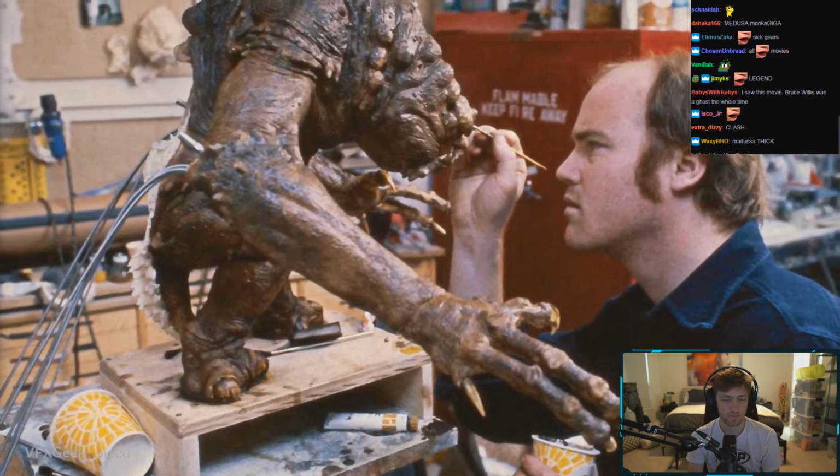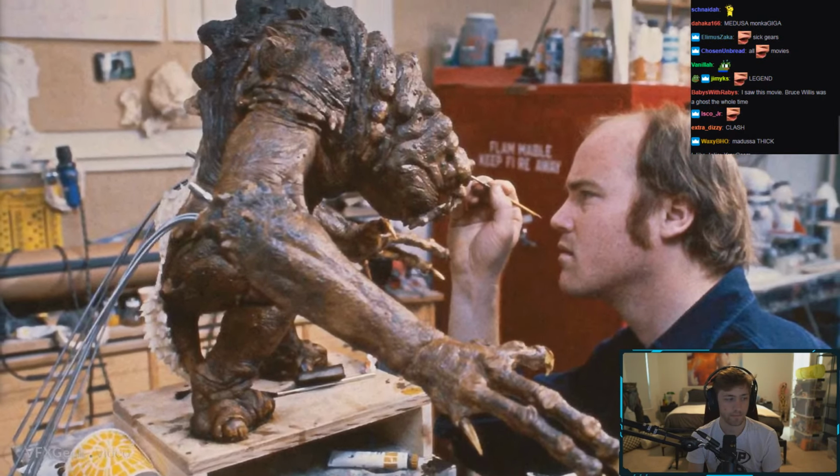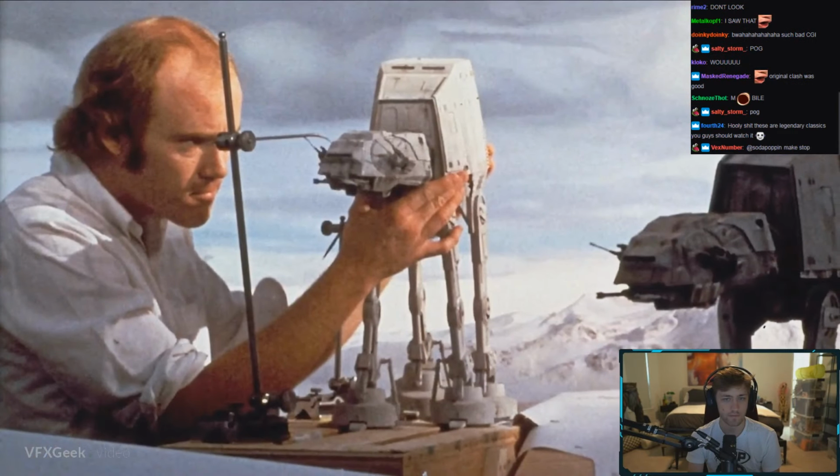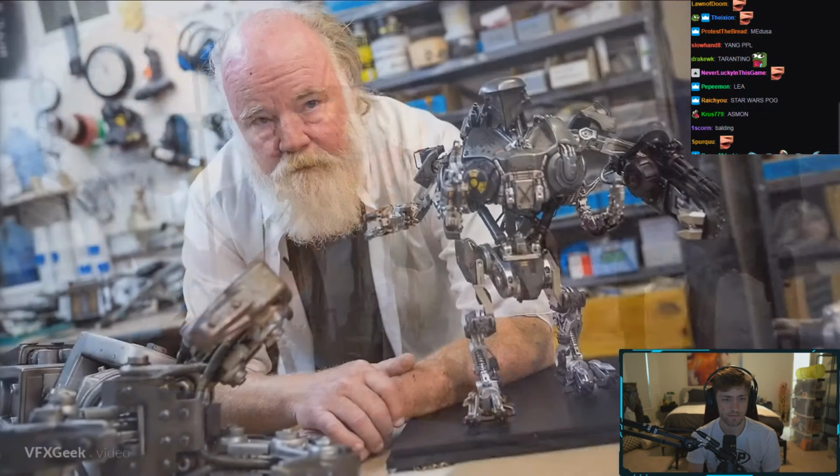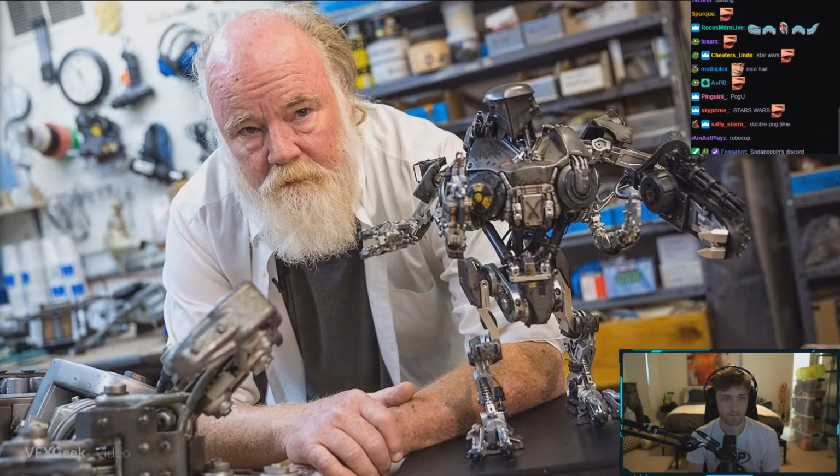Among them, Phil Tippett, the later animator on movies like the Star Wars Trilogy, RoboCop, Willow, Jurassic Park or Starship Troopers.